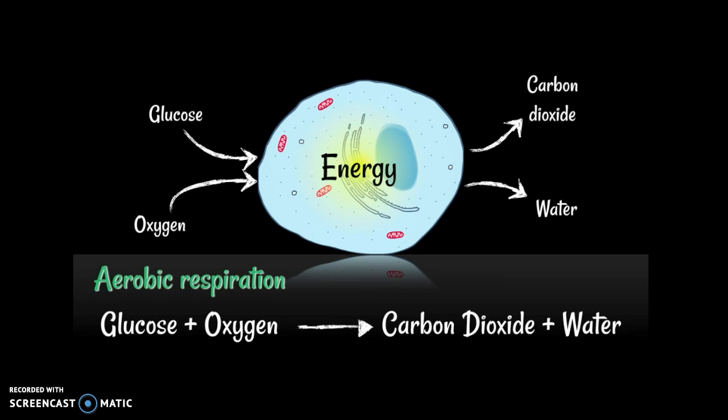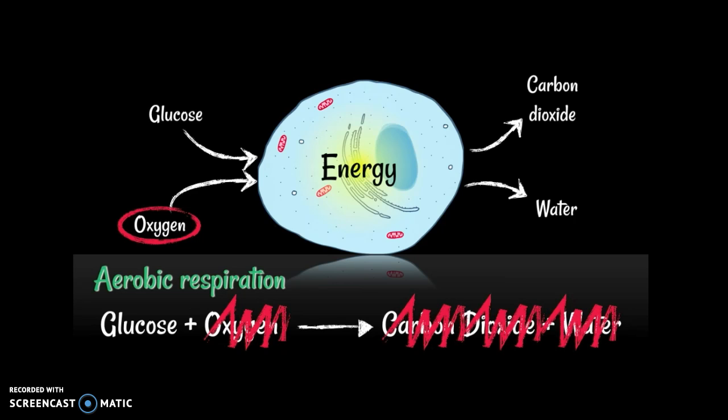Now, sometimes under some circumstances, this oxygen is not available in as ready a supply as your cells need it. For example, imagine you're doing a sprint and your breathing rate will increase, so you'll be taking deeper breaths, but you're still not going to get as much oxygen as you necessarily need. If that oxygen is not there, these products are not going to be released.